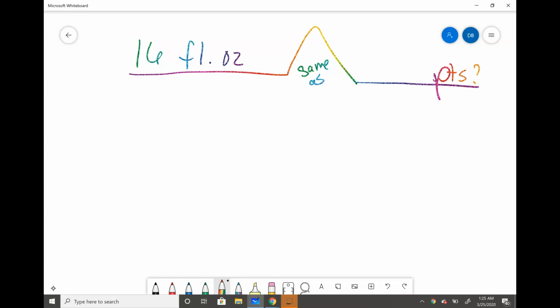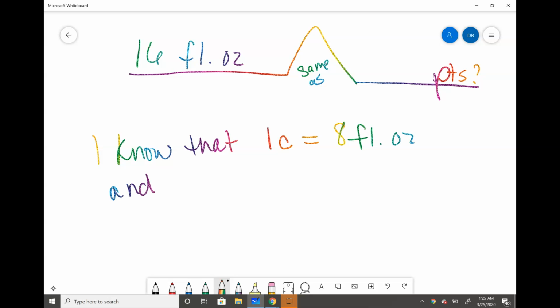Well, if I think about it, I know that 1 cup is equal to 8 fluid ounces, and 2 cups equals 1 pint.